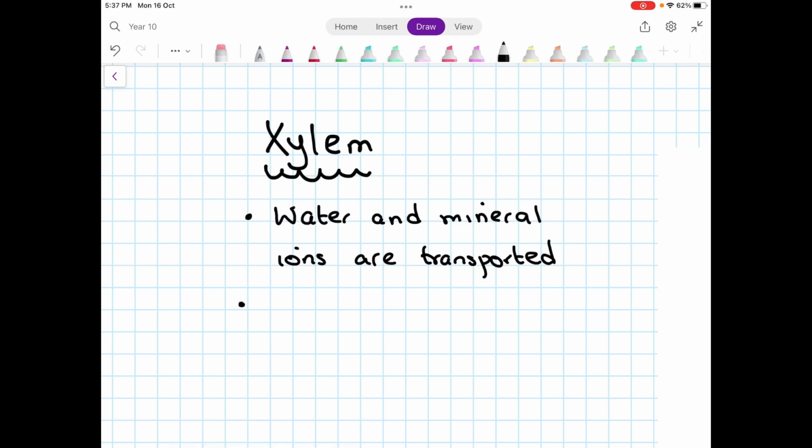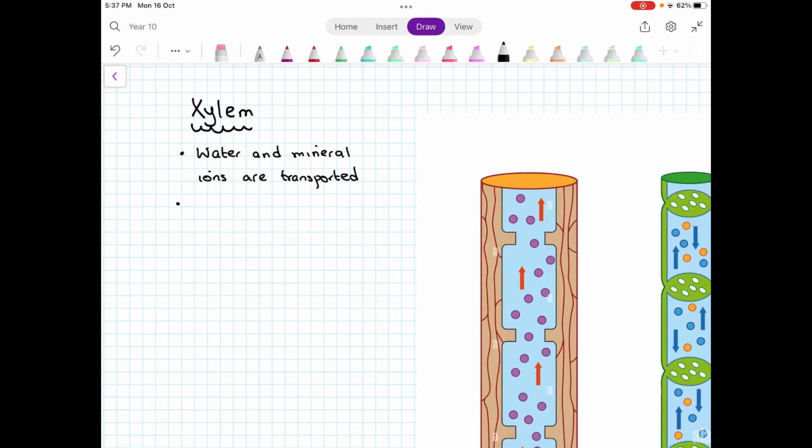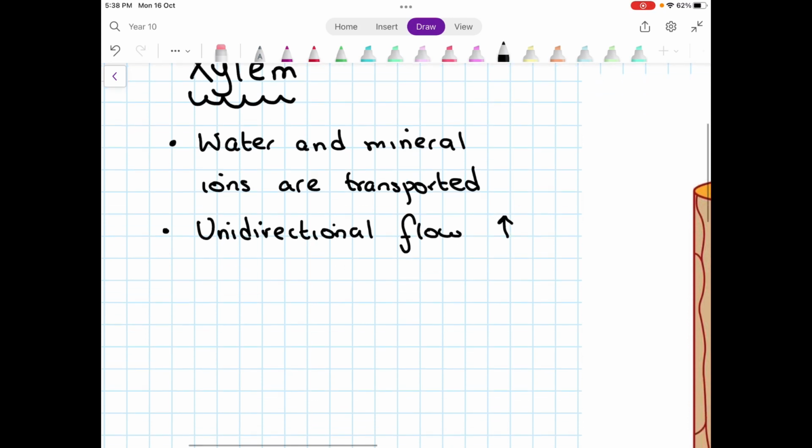And these substances are only transported in one direction, so they only move from the roots upwards through the plant. Because this is the case, we call flow in the xylem unidirectional. Uni meaning one. It's only upwards.